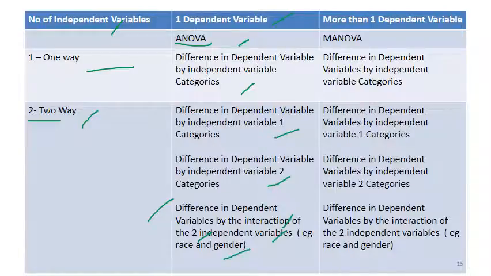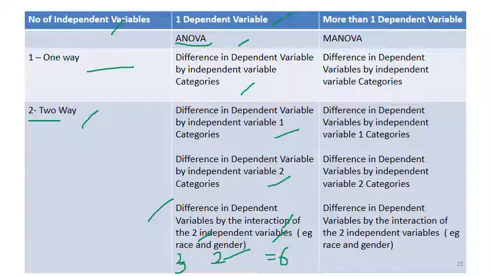So for example, you might have race and gender. If we have 3 races and 2 genders, then it will produce 6 categories. For example, Malay male, Indian male, Chinese male, Malay female, Indian female, and Chinese female.